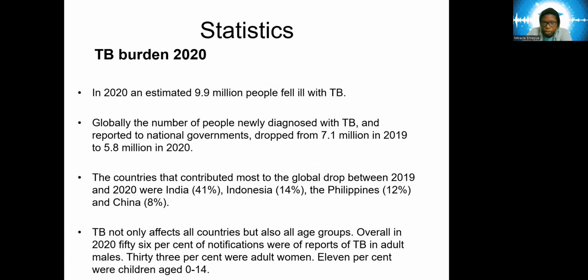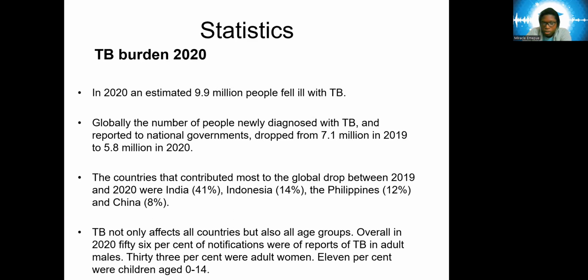TB burden 2020. In 2020, an estimated 9.9 million people fell ill with tuberculosis. Globally, the number of people newly diagnosed with tuberculosis and reported to national governments dropped from 7.1 million in 2019 to 5.8 million in 2020.